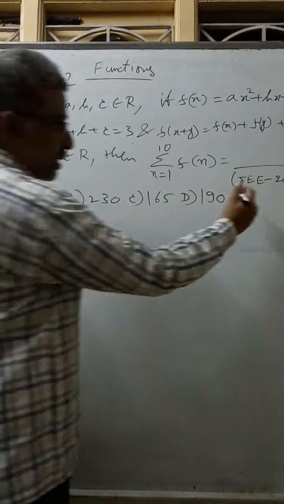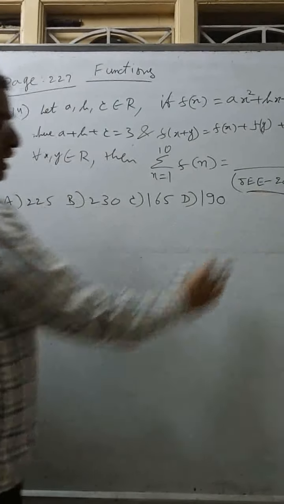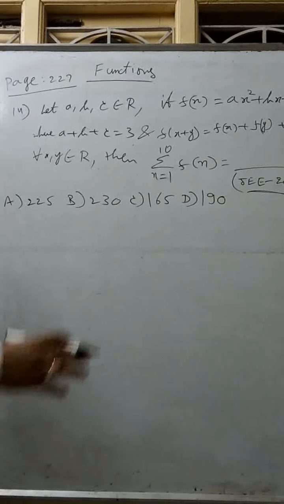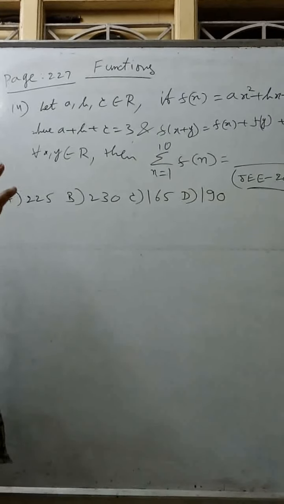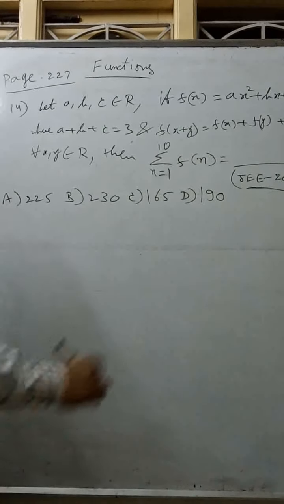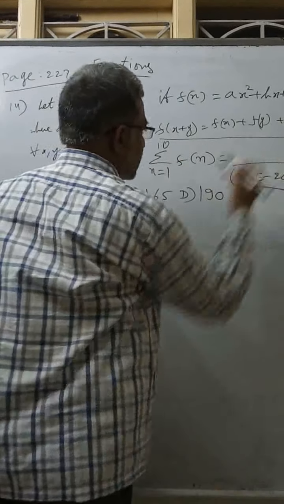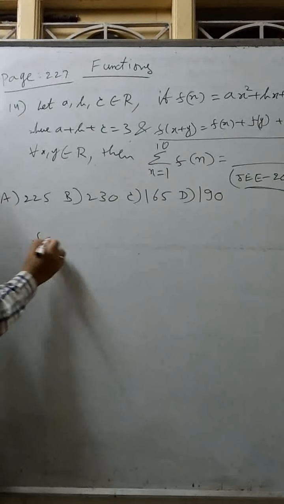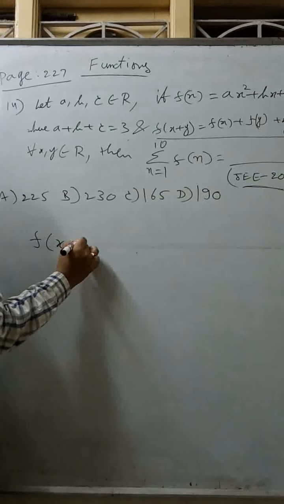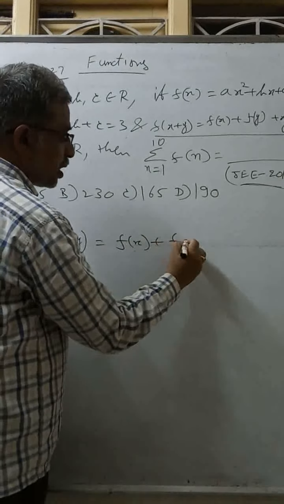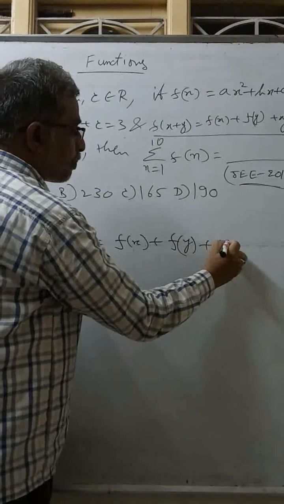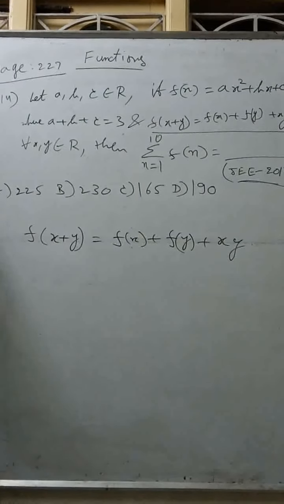Given in JEE 2017. See how to solve. Very simple. First you need to identify what type of functional equation this is. Just now we discussed functional equations. The functional equation f of x plus y equal to f of x plus f of y plus xy is given.